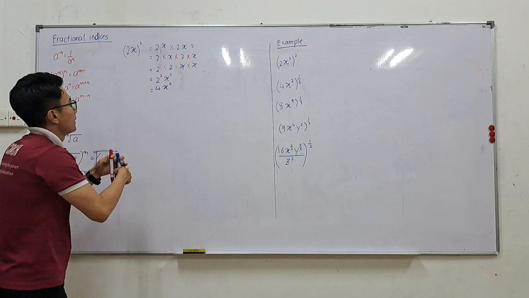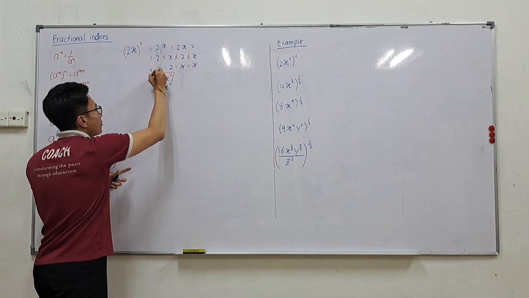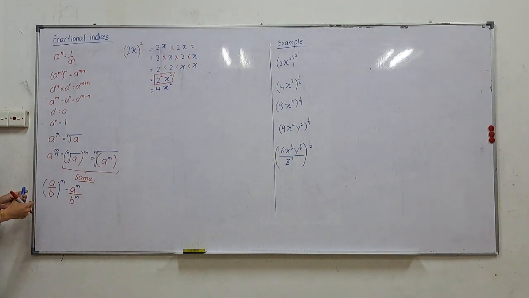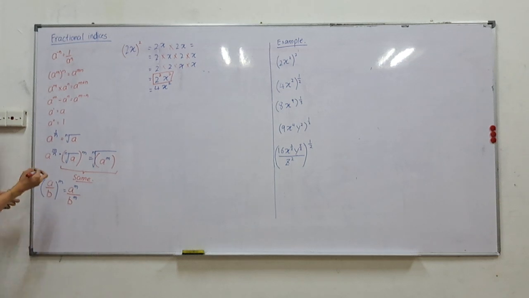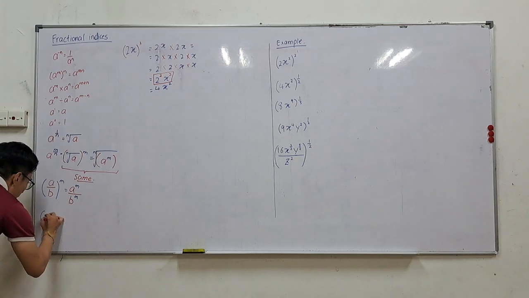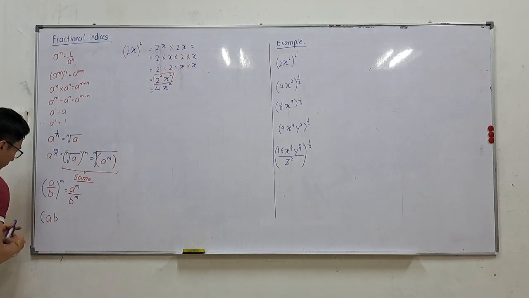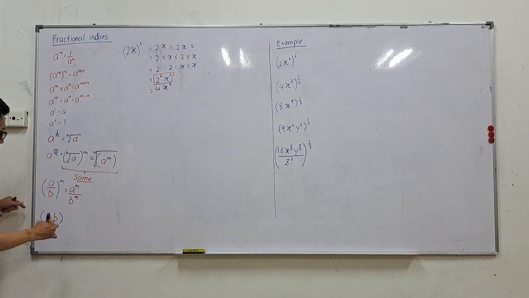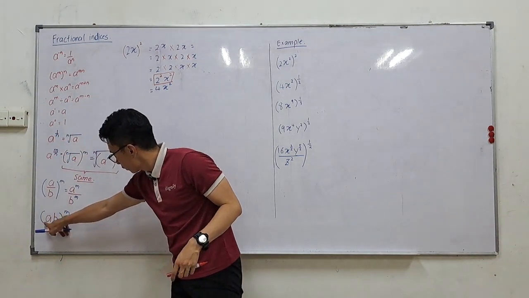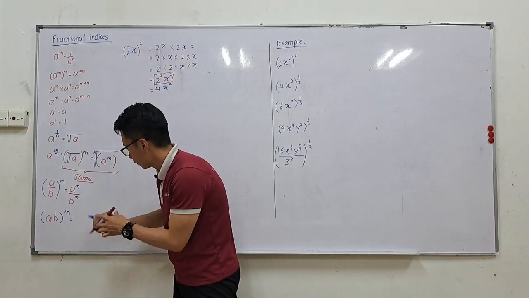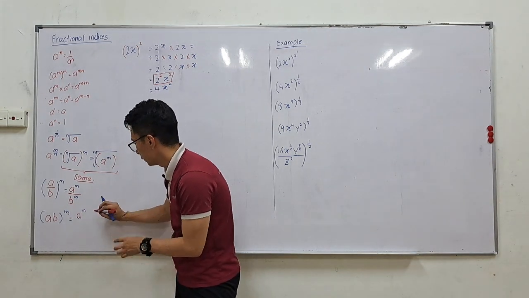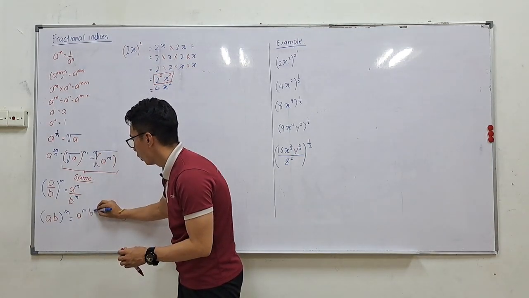Based on this, it is a very important thing to understand. With this, we can come up with our final rule over here. If I have A and B, and I raise this to the power of m, what I will get is A raised to the power of m, and B raised to the power of m.